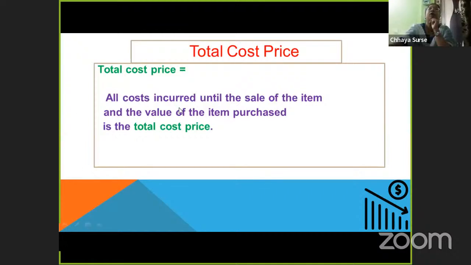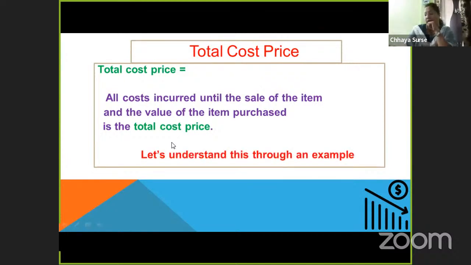Now, with an example, I am showing you so you can clear the concept. Total cost price means what?